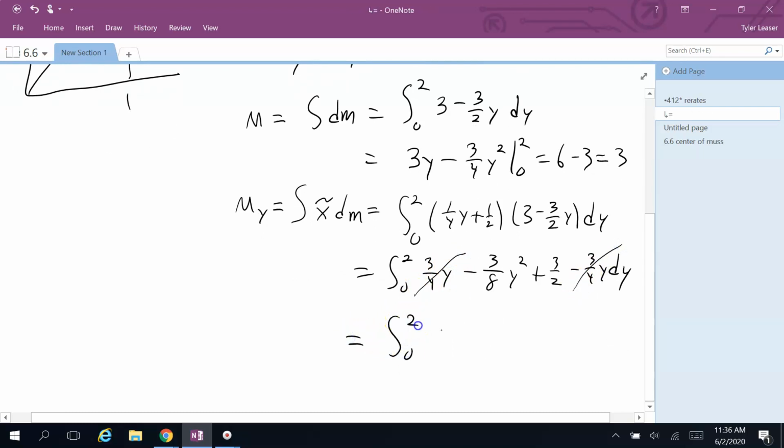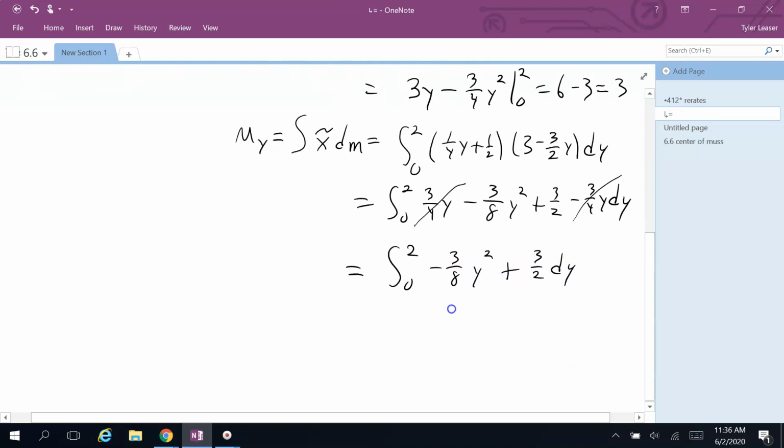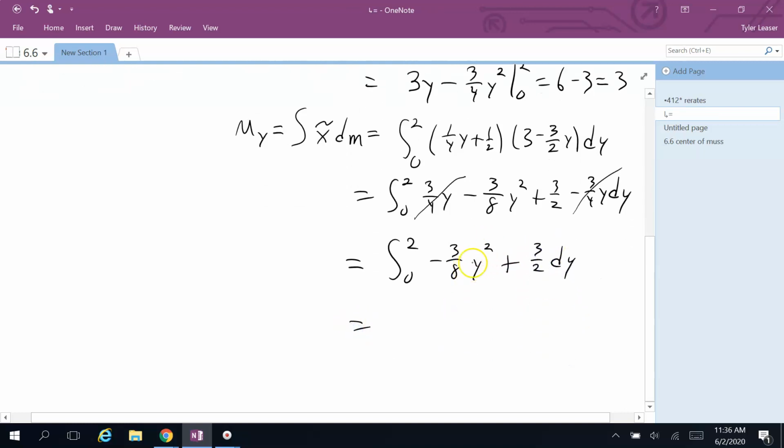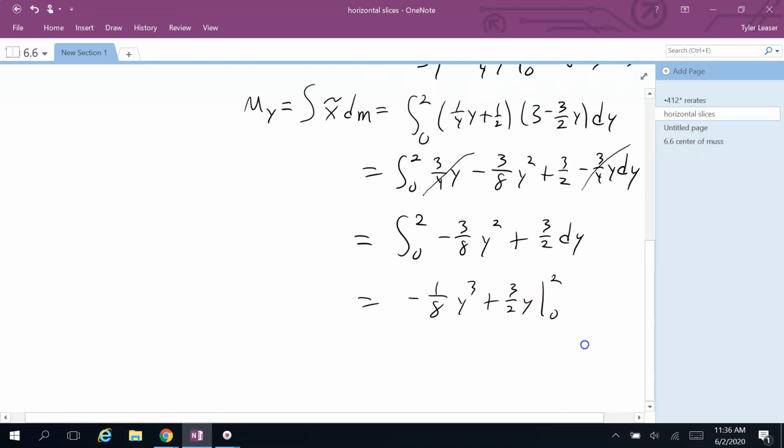So now it's the integral from 0 to 2 of negative 3/8 y squared plus 3/2 dy. Do the antiderivative. This is going to raise up to cubed and then divide by 3. So it's going to be negative 1/8 y cubed plus 3/2 y, that whole thing evaluated from 0 to 2.